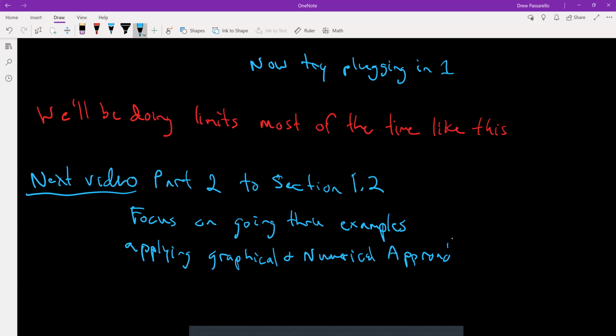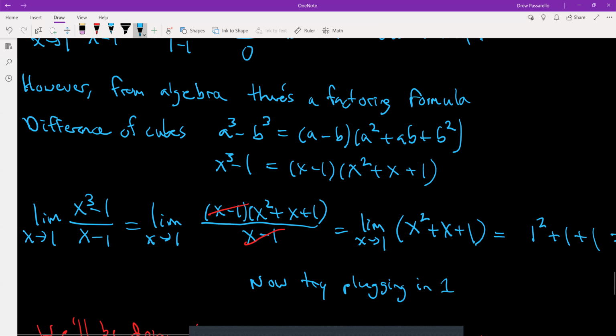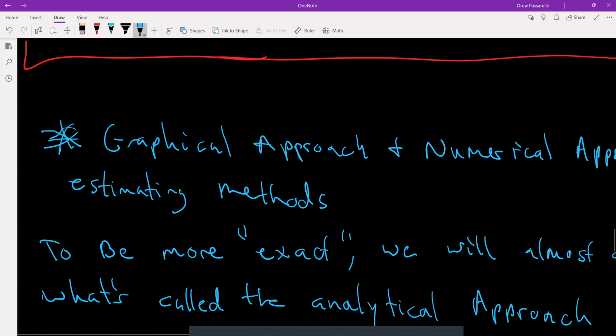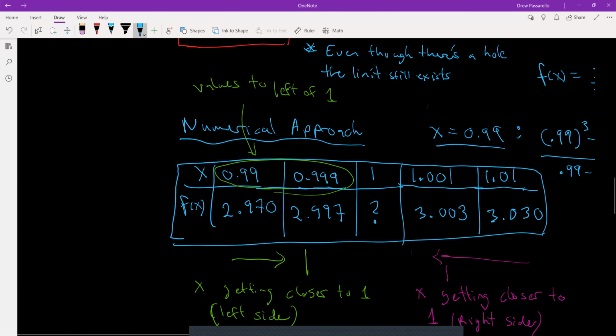All right, and the graphical numerical approaches are just approximations. They're not exact, or estimations. So I'll be doing concrete examples in the next video.